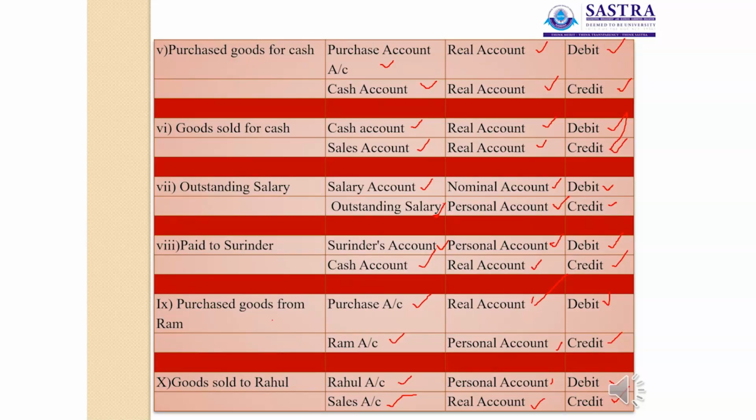Okay, do you understand? Then next one. On the basis of real account, debit what comes in, credit what goes out. Under nominal account, the rule of accounting is debit all expenses and losses, credit all incomes and gains.